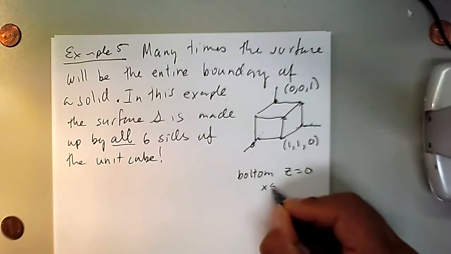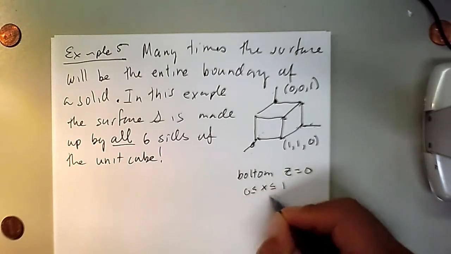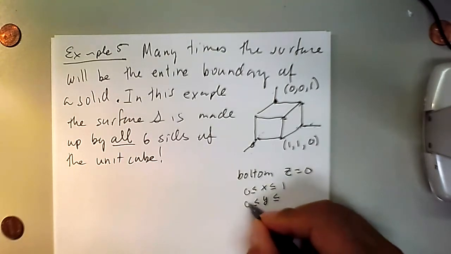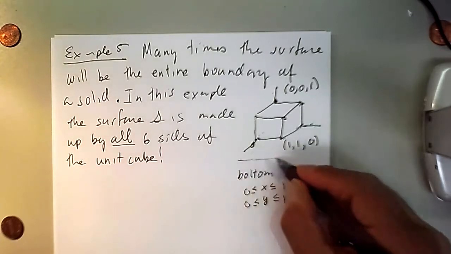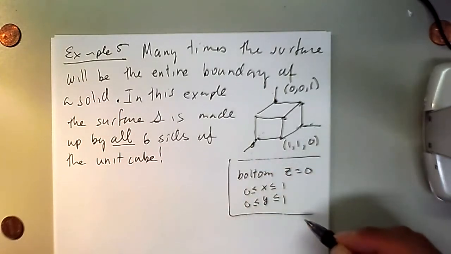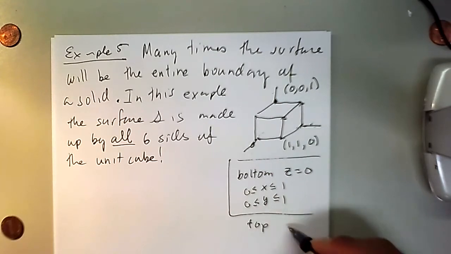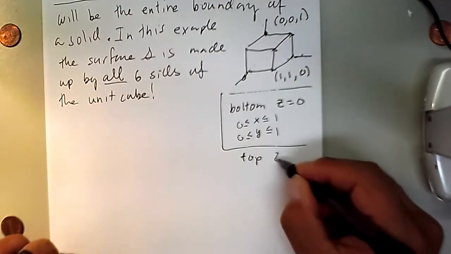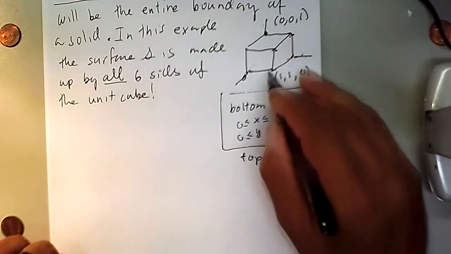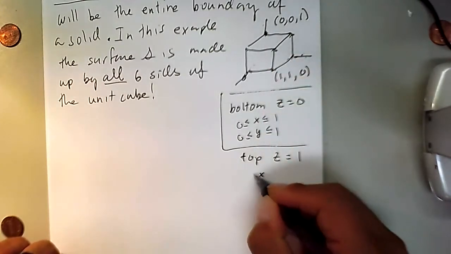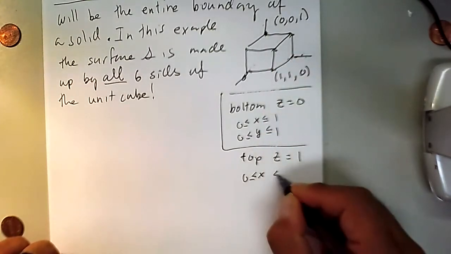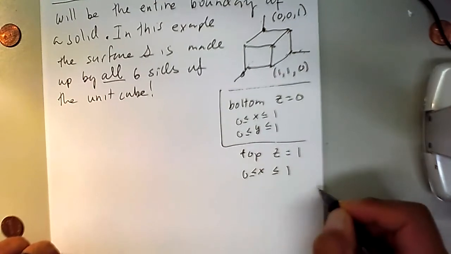So x goes from 0 to 1, and so does y. Okay, so that's just the bottom. The top, z is equal to 1. And x goes from 0 to 1, and so does y.